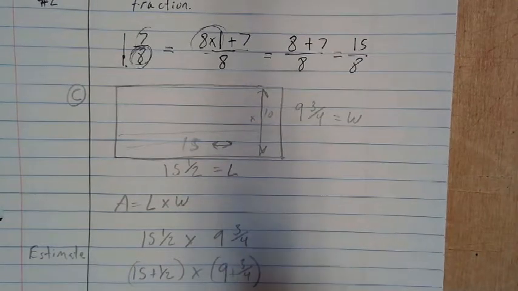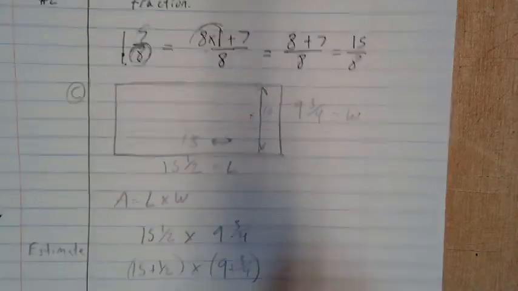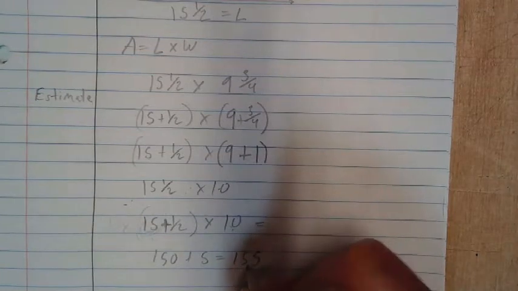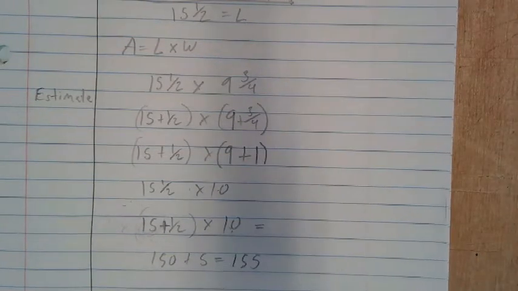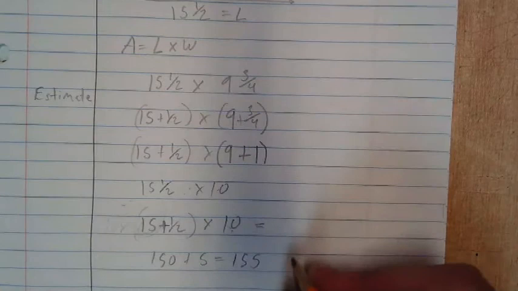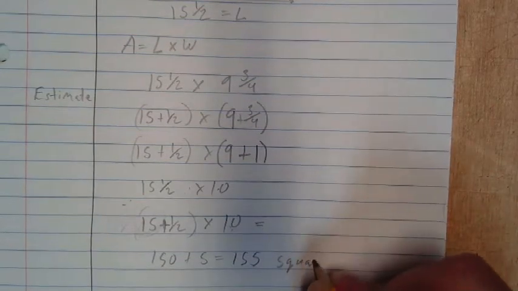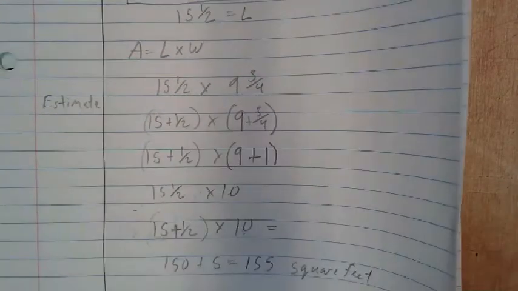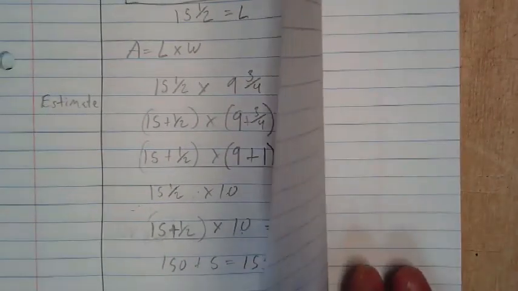It's going to be about 150 bricks plus half of 10. Remember how that works? Half of 10 would be 5. So the area would be 150 square feet, or 155 square feet. Again, this is just an estimate. It's not the actual answer. Now I'm going to do the actual math, and you can see what's going on.